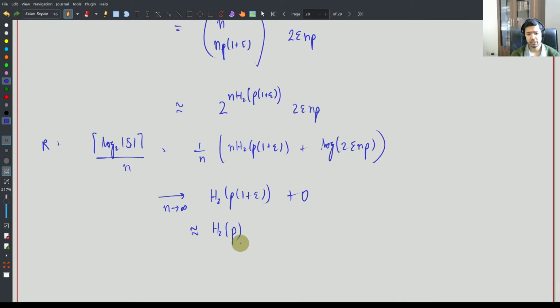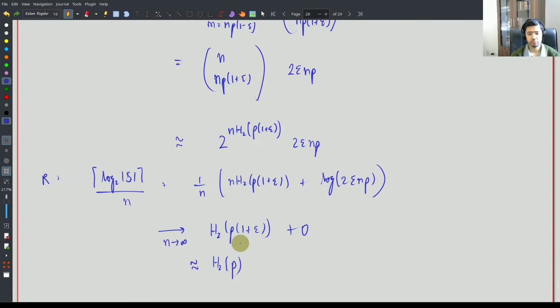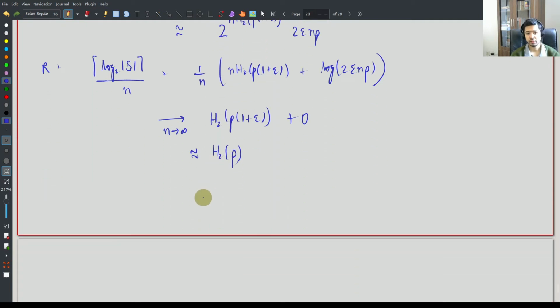This tells us that effectively, most of the probability is concentrated in those sequences for which the number of ones is close to np. That is the set of interest, and the number of sequences in that set, as we know, is roughly 2 raised to n times the entropy of p. This is indeed what helps in compression.